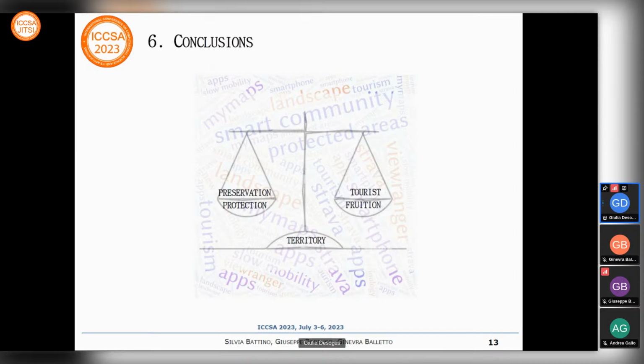In this sense, digital tourism services, as the most dynamic component of tourism, can be a valid aid in balancing tourist fruition and protection. In particular, these hybrid maps help to spread knowledge and collective responsibility in sensitive contexts like Natura 2000 sites, parks, protected areas, and so on.